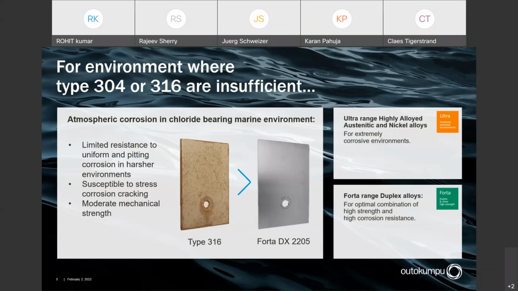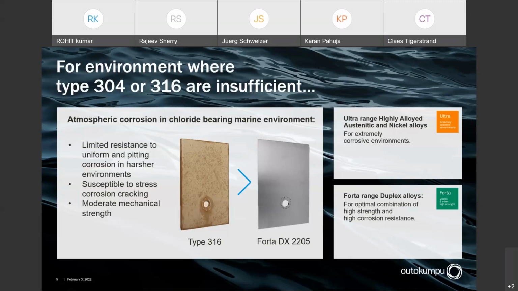So it has been exposed in the same harsh environment there, and you see very different result of the performance. And that is very much connected to the limited resistance to uniform and pitting corrosion in more hostile environment of the 316 compared to the Duplex 2205 in this case.